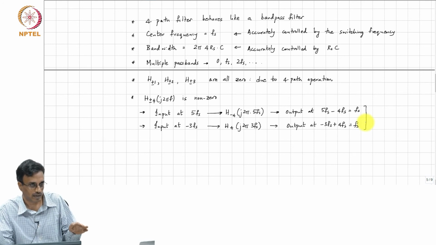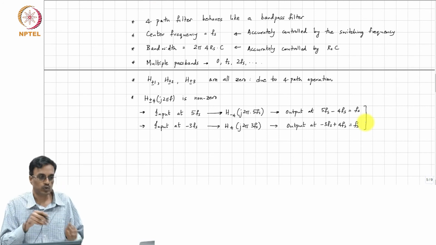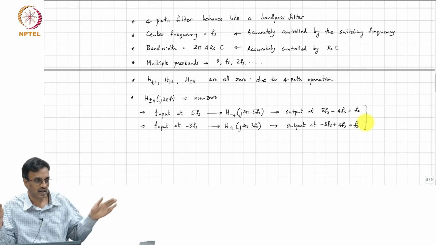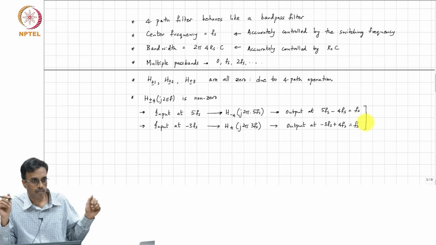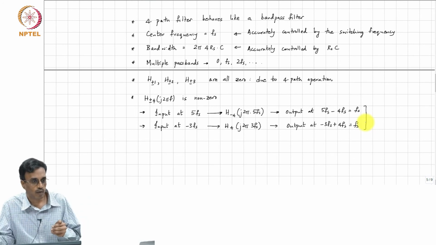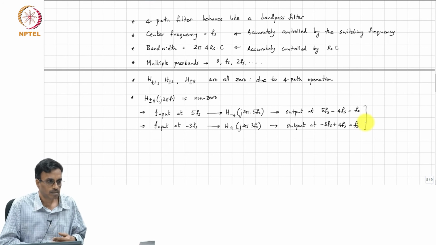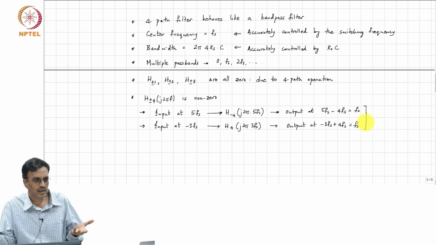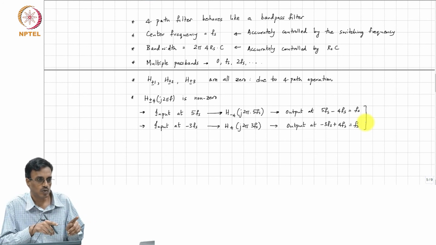However, if the input frequency is very far away, say at 3 fs or minus 3 fs, or at 5 fs, the LPTV nature of the system causes frequency translation from these frequencies to fs, right.